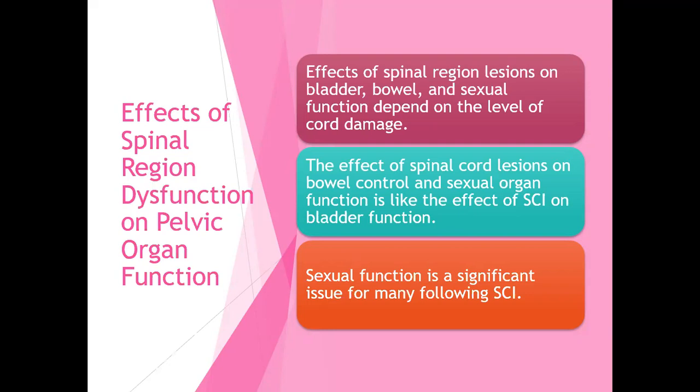And sexual function is a significant issue for many people following spinal cord injury. So we're going to talk a little bit about the effects of spinal injury and the symptoms associated with spinal cord injury, but the treatment for spinal cord injury, which is covered in the book, you're going to cover next quarter in your neuro rehab class.